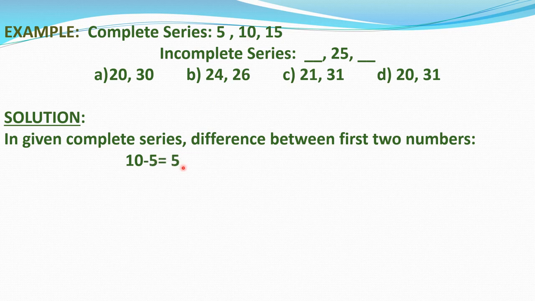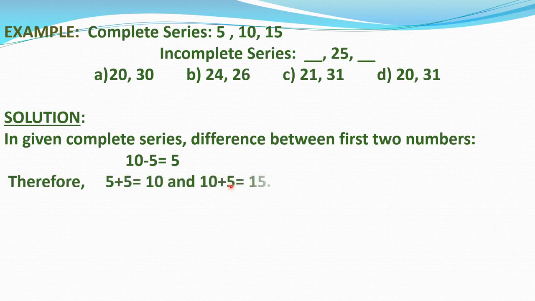So 10 minus 5 is equal to 5. When we add 5 plus 5, we get 10, and 10 plus 5 is equal to 15. Understood? So in the same way, we have to complete this series.